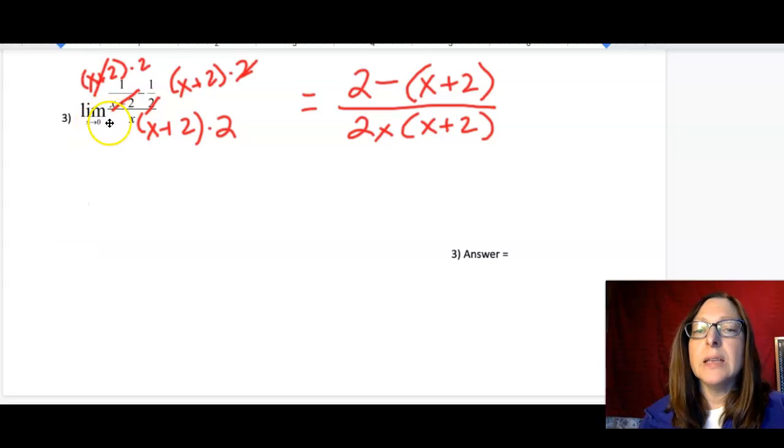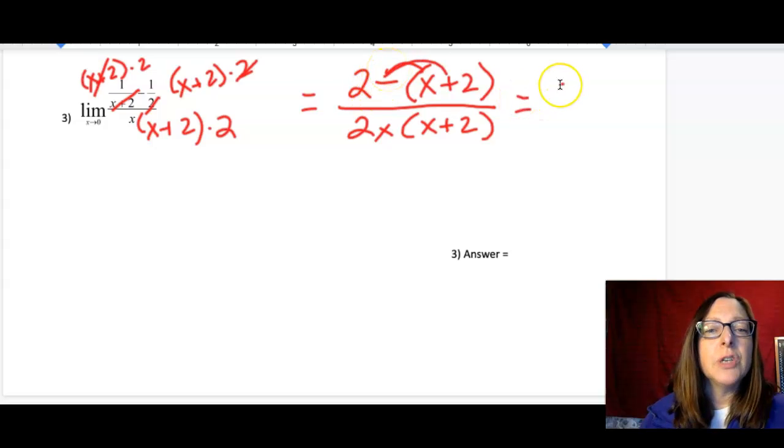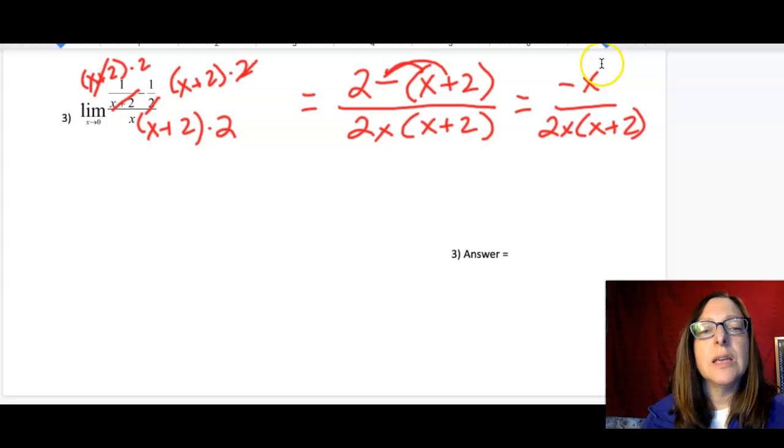Now when I plug a 0 in, whoops, not yet. So I'm going to distribute the negative sign, and on top I have just a -x left, and on the bottom I have a 2x and an x plus 2. Now you see you can cancel out the x on top and the x on the bottom, so that no longer is a problem of 0.